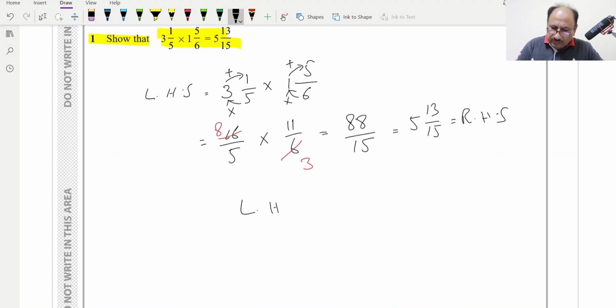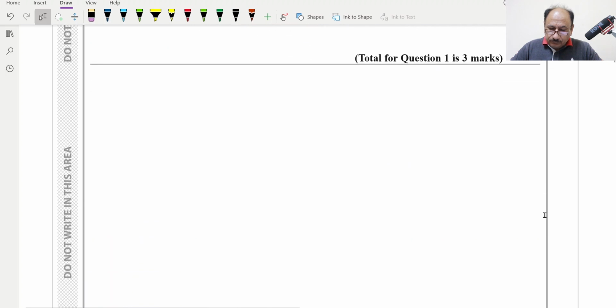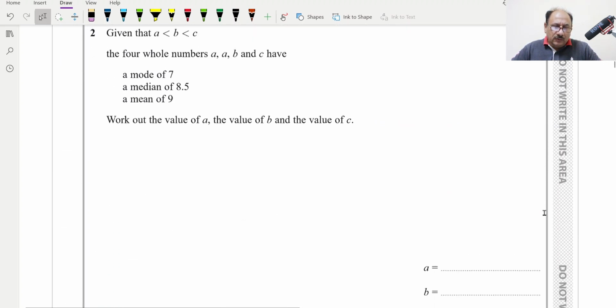So left hand side is equal to right hand side. This is the proof.